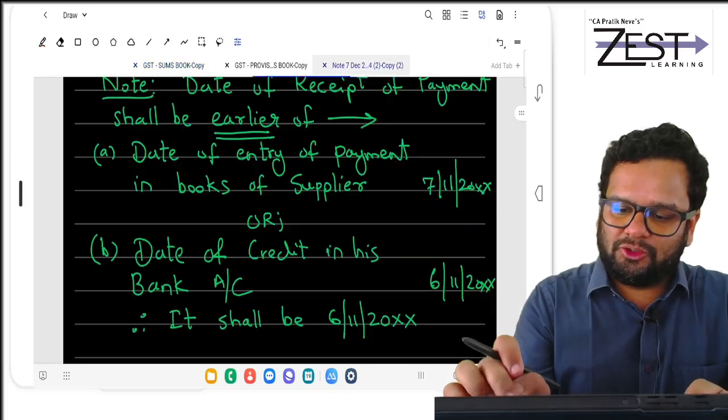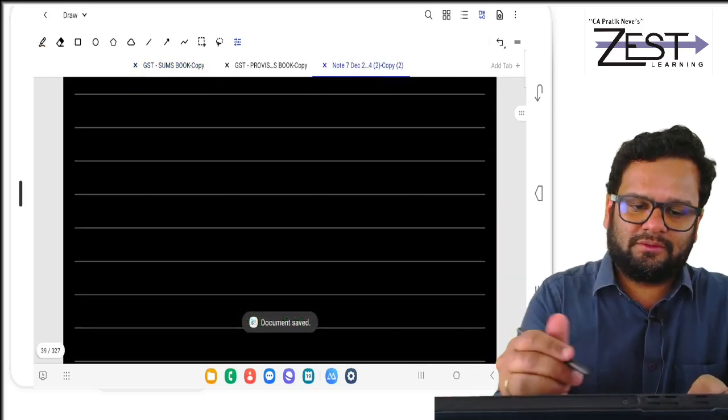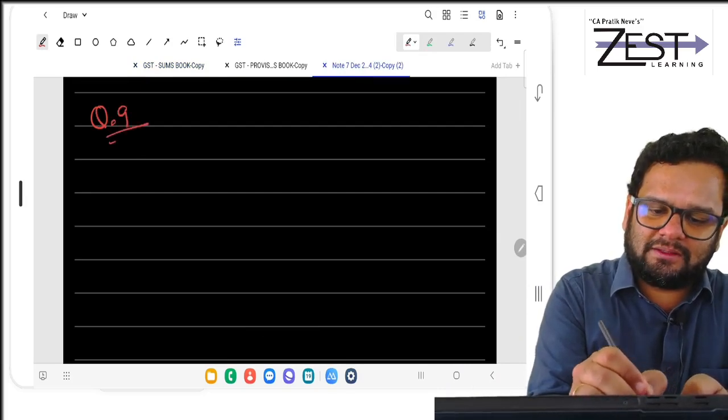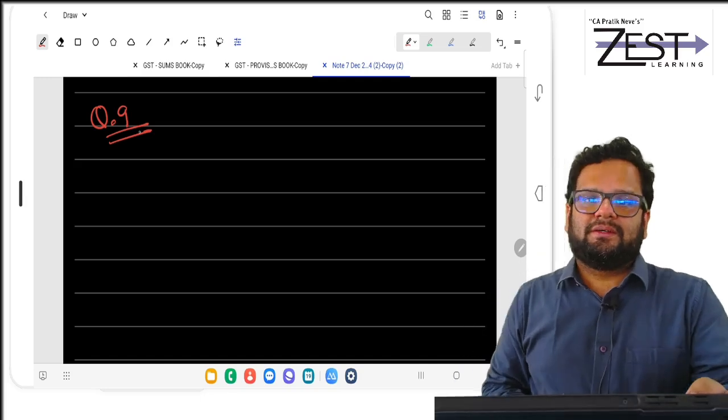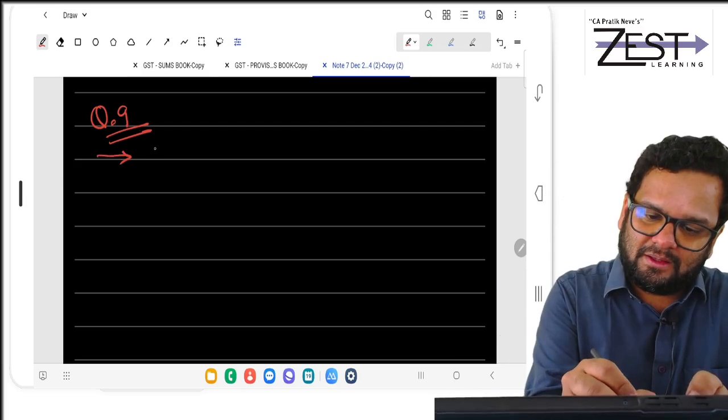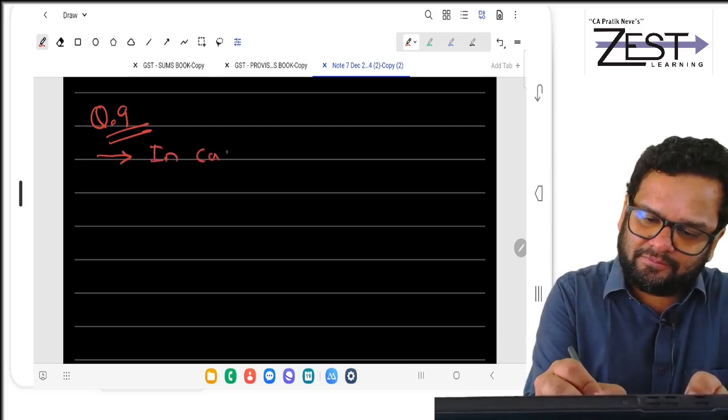Write the solution. You all tell me how to write the solution. Question number is, I think, 9. Tell me how to start. Can I start like this?